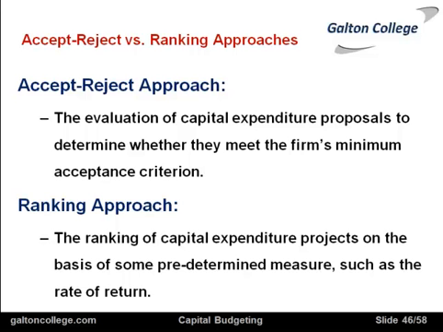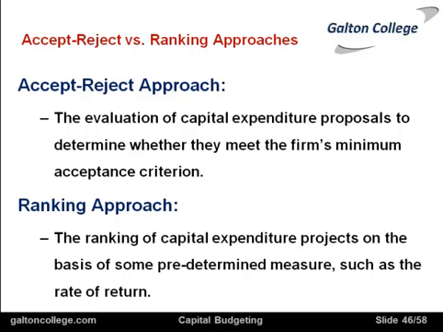Accept and reject. Well, you look at the project proposal, and you accept it or you reject it. There's nothing in the middle. You don't say we will half invest, or we will set up the facility to bring this online in the future. You just accept it or reject it.